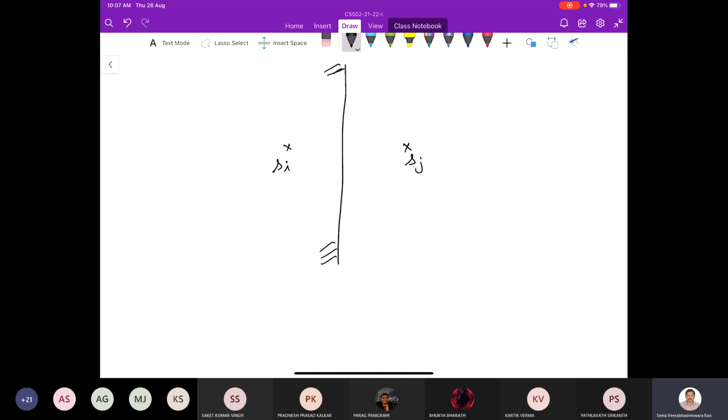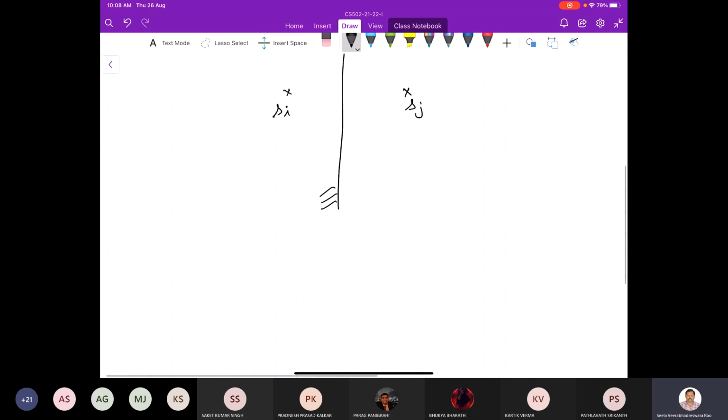So here this bisector defines the region corresponding to SI and the region corresponding to SJ. This is clear, no? If you take any query point in this region, obviously SI is the closest one. Is this clear? Yes, sir.